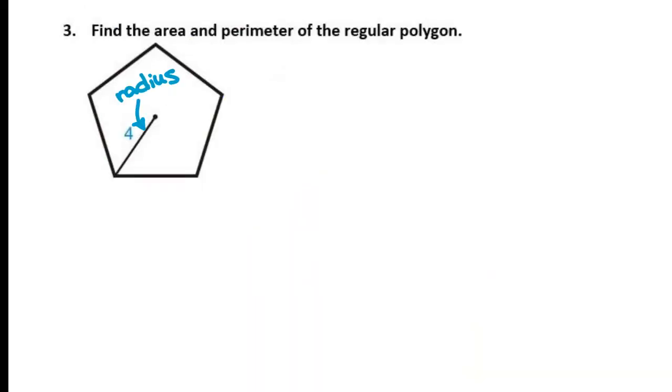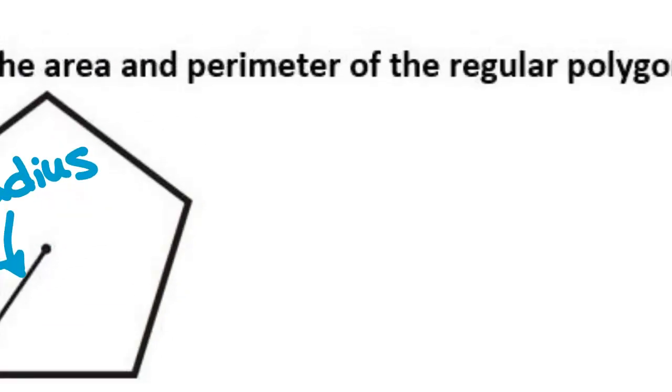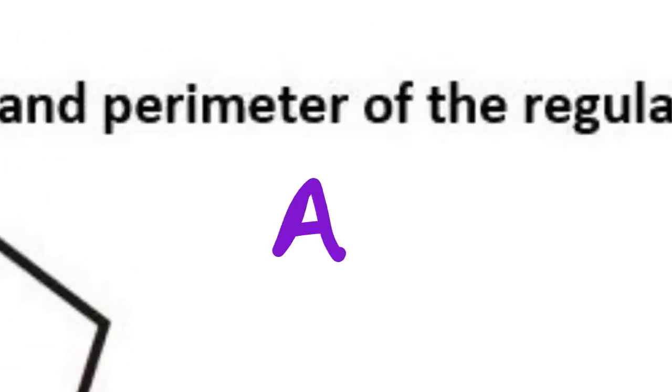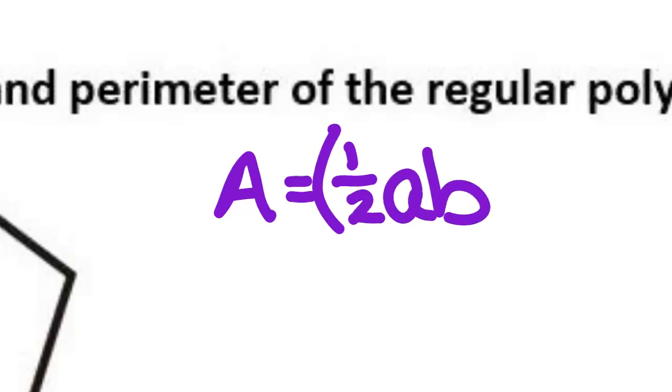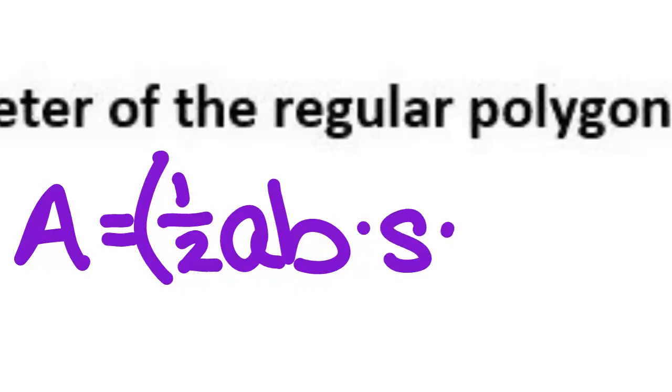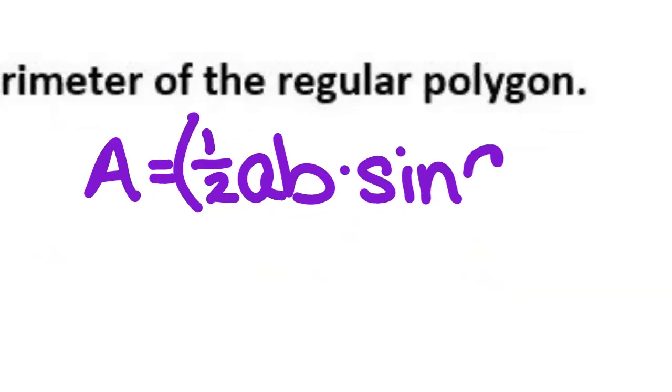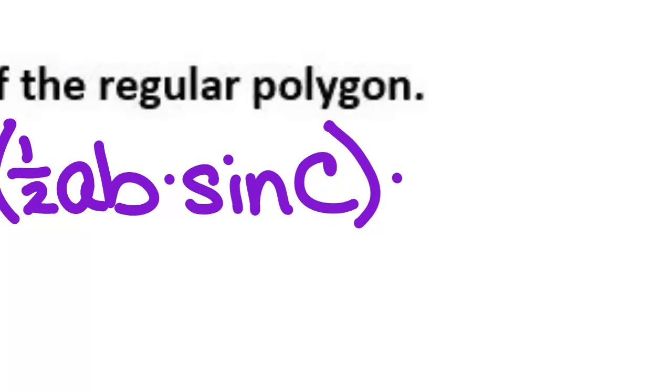We had a different formula to find the area when we were given the radius. What was that area formula? Yes. 1/2 AB times the sine of angle C times the number of sides that we have.